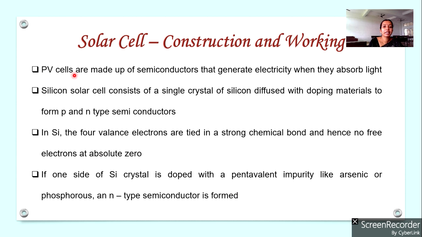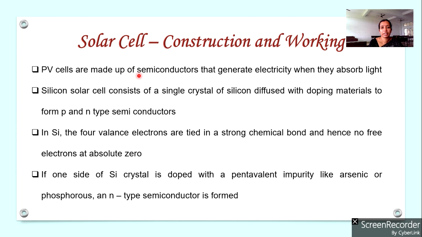Solar cells are made up of semiconductors. We know there are different types of semiconductor. There are pure semiconductors, that is intrinsic, and then impure semiconductors having impurities, the extrinsic semiconductors. They can be either p-type or n-type. If we consider an n-type semiconductor, there are free electrons present.